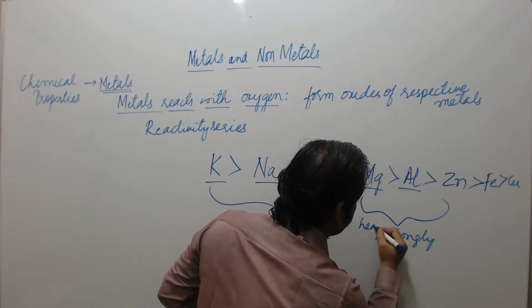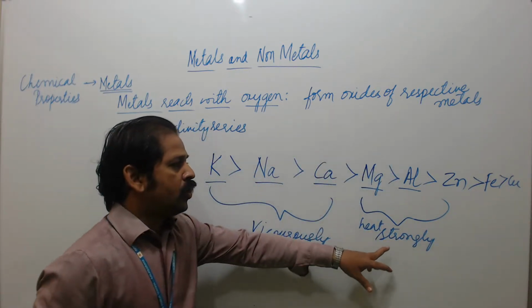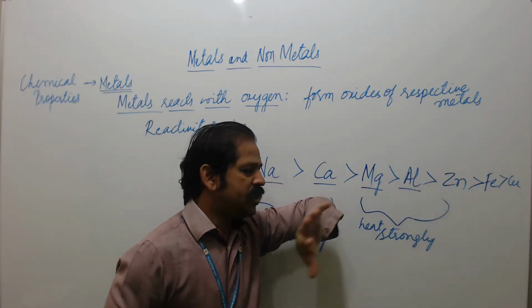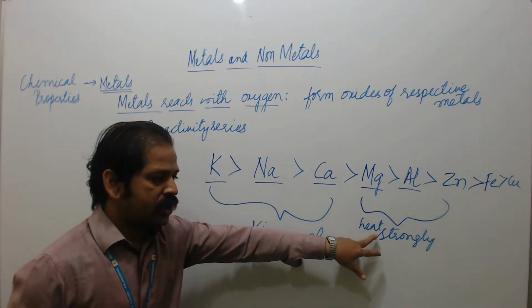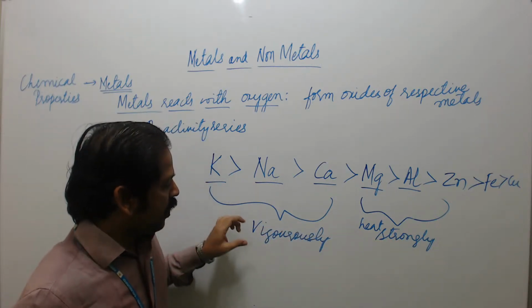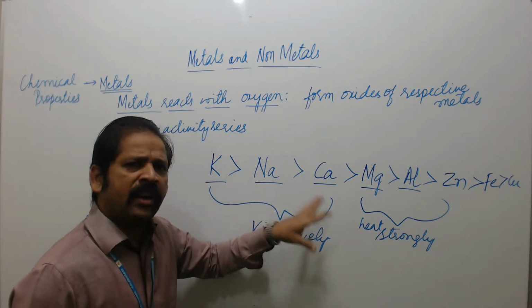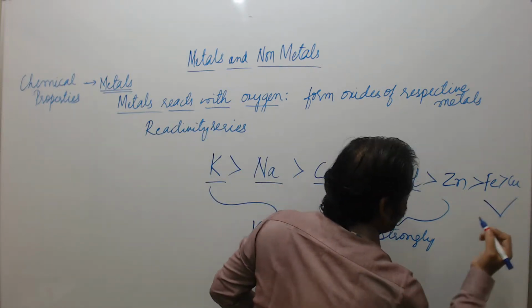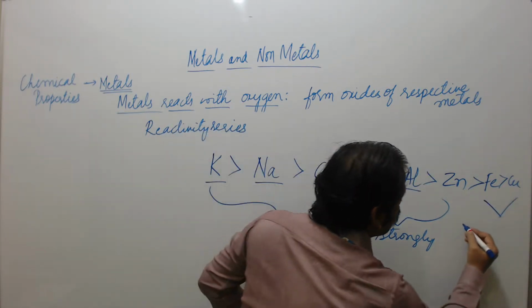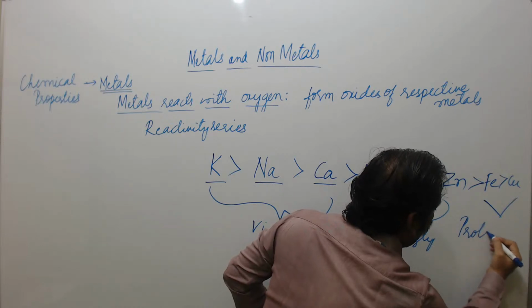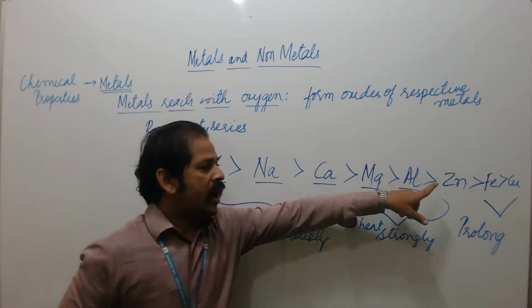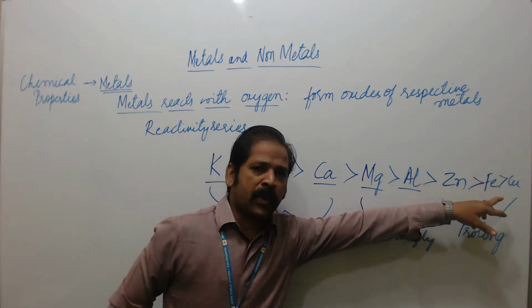You have to heat strongly to get magnesium oxide, aluminium oxide, or zinc oxide. Heat strongly, heat instantly, because it will react immediately. Here for the iron and copper, you have to go for prolonged heating to get iron oxide and copper oxide.